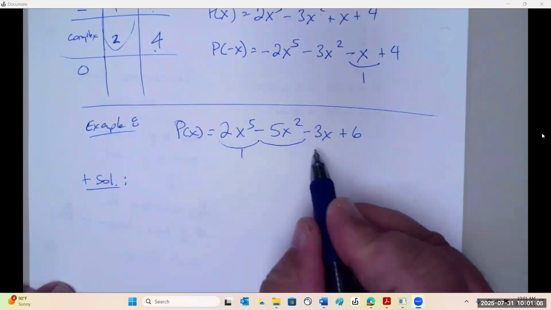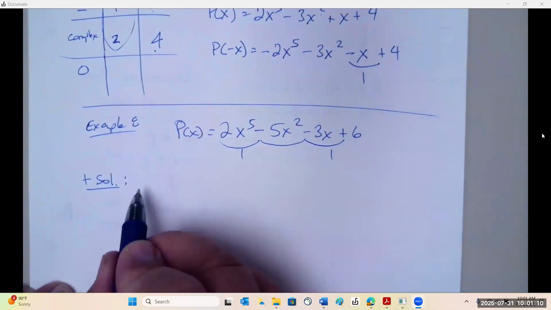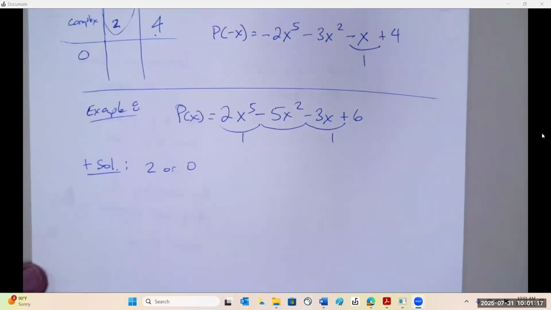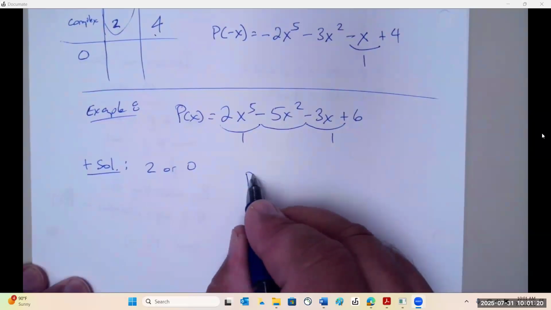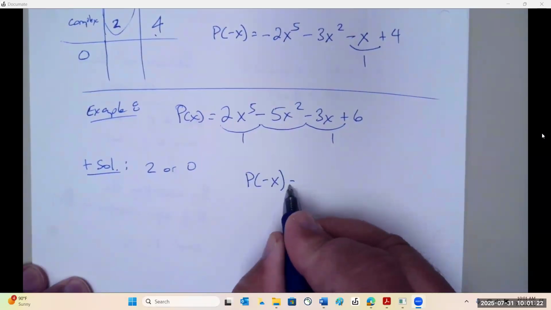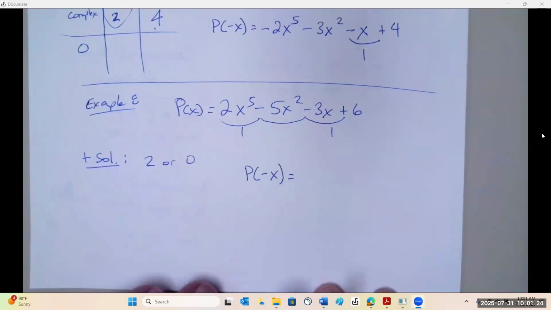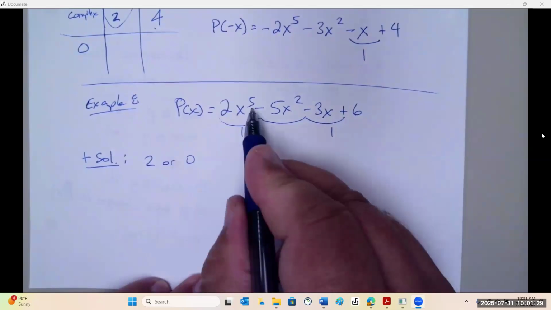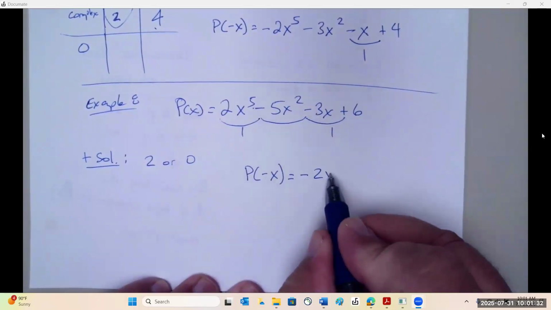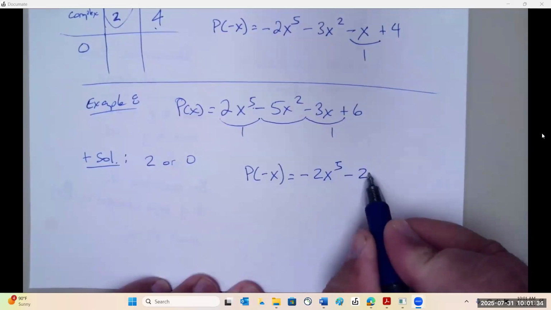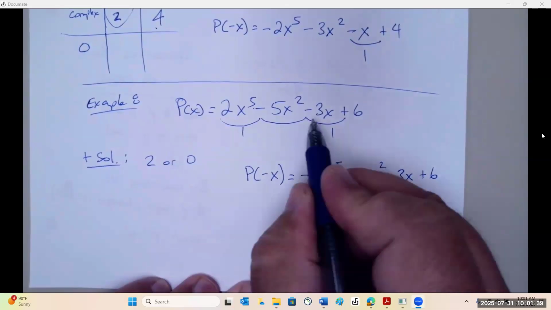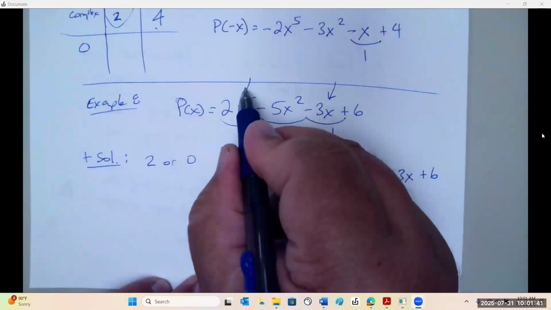Negative to negative, nope. Negative to positive is one. So it's 2 or 0. P of negative x. In this equation, if it has an odd exponent, I change the sign in front of it. So I change this sign and that sign.